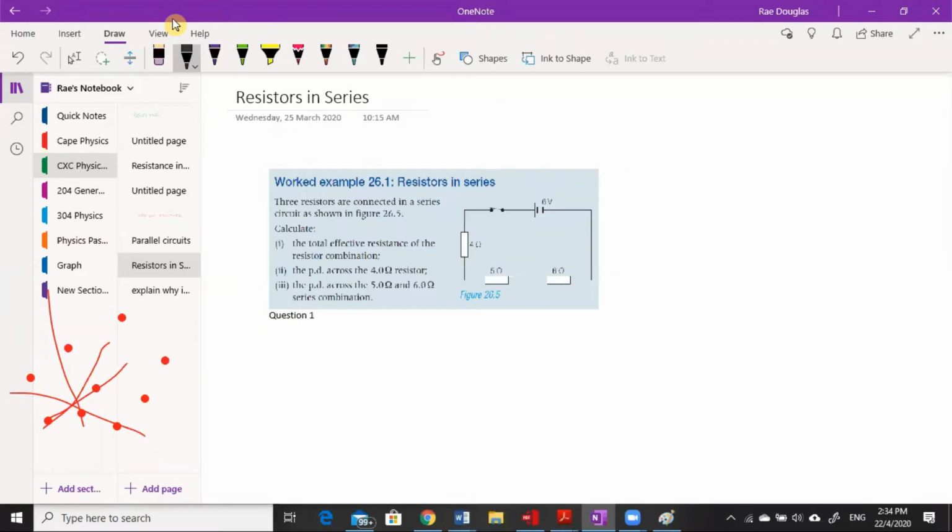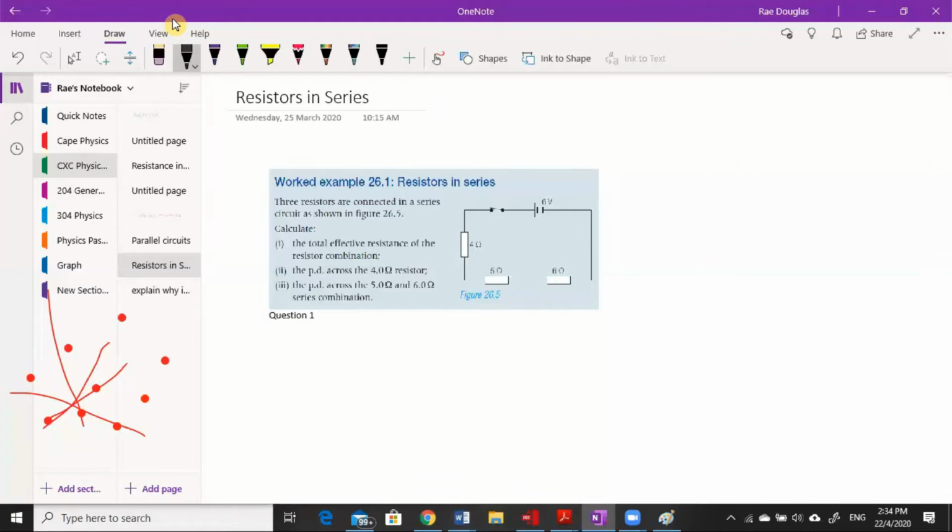Now we're going to move to talking about series circuits, for those who didn't attend the last class. Here's an example of a circuit. A resistor is basically a device that pretty much limits the flow of charge.